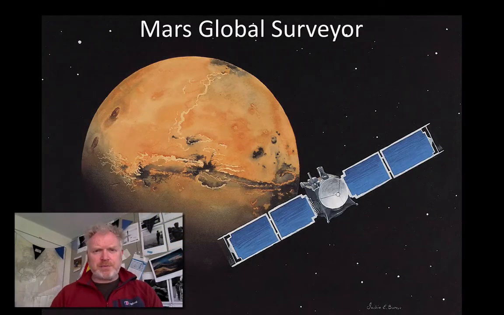If we think about the Mars Global Surveyor, this was a NASA mission that ran from the late 1990s through to the early 2000s. It was a satellite whose job it was to map the surface of Mars in more detail than had ever been done before.